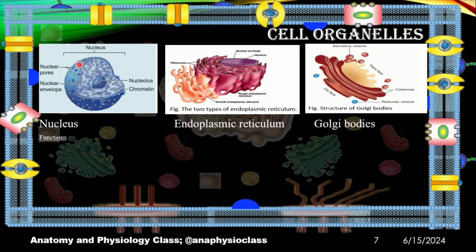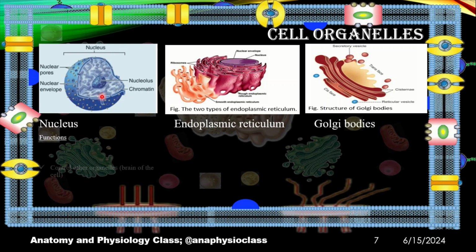The nuclear membrane is also known as the nuclear envelope, as you are seeing it here. Inside the nucleus, it has a peripheral part which is known as the chromatin, and a central part which is composed of the nucleolus. The chromatin is composed of uncoiled DNA. The nucleolus is composed of RNA.